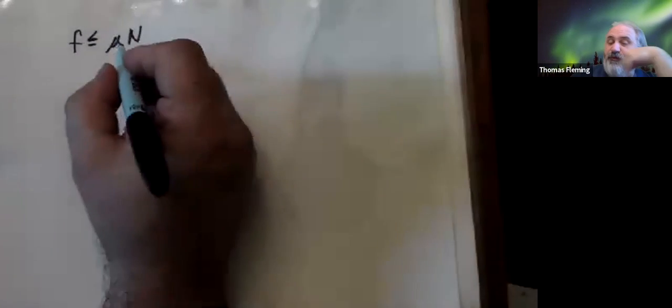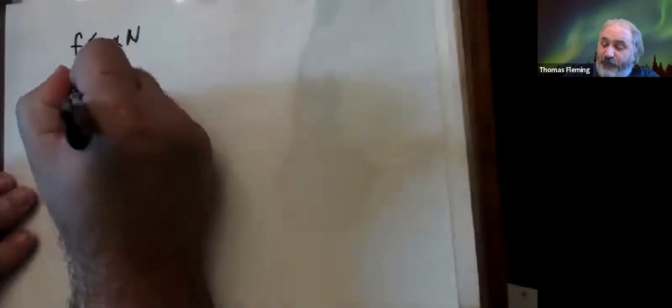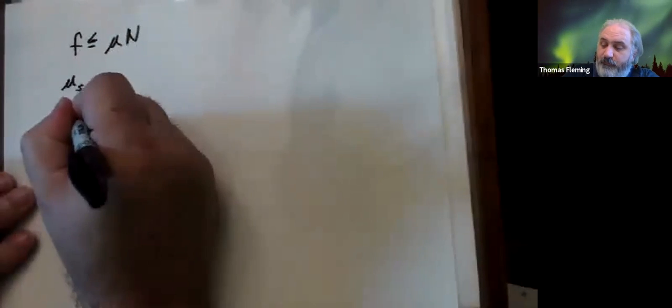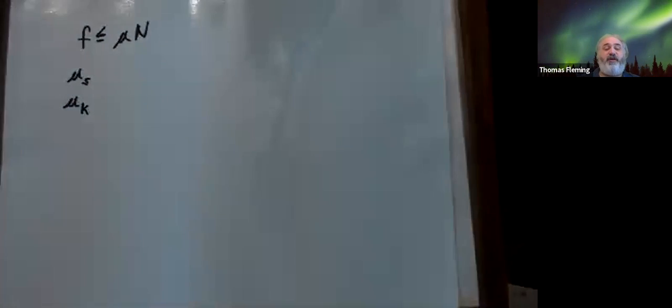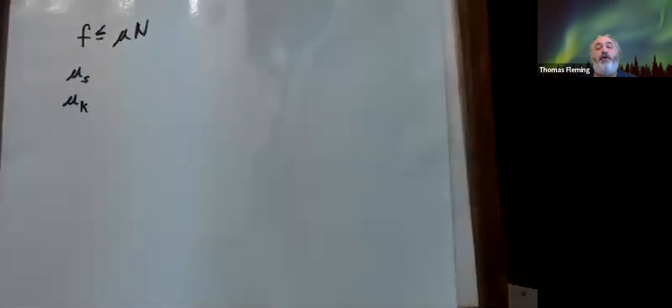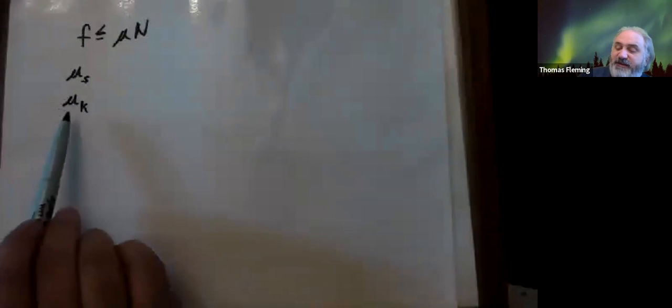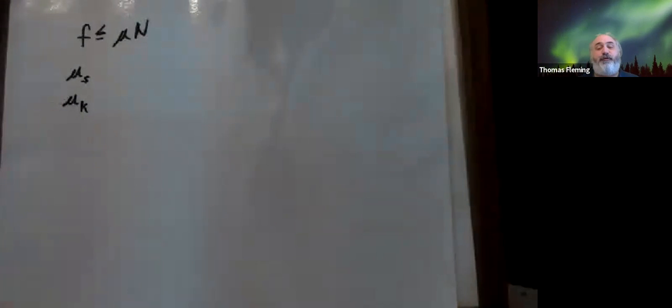And of course, this coefficient of friction has two varieties. There's the coefficient of static friction and the coefficient of kinetic friction. Static friction is the kind of friction that you have between two surfaces that are not actively sliding against one another. Whereas kinetic friction is the kind you have when the two surfaces are already sliding against each other.